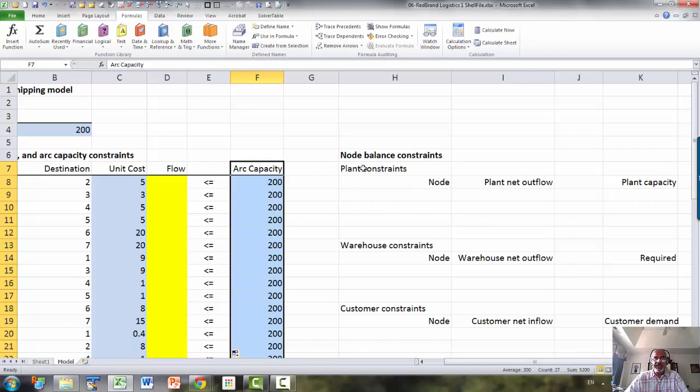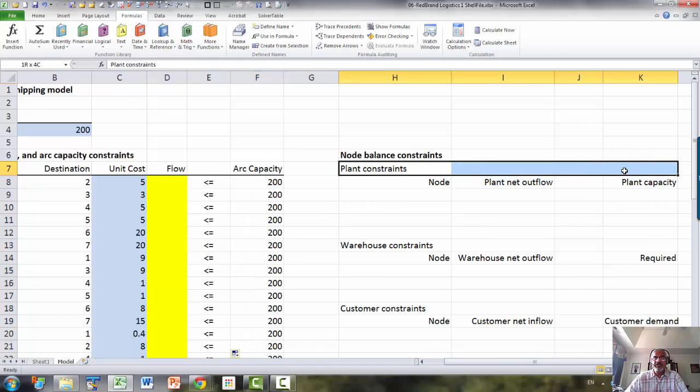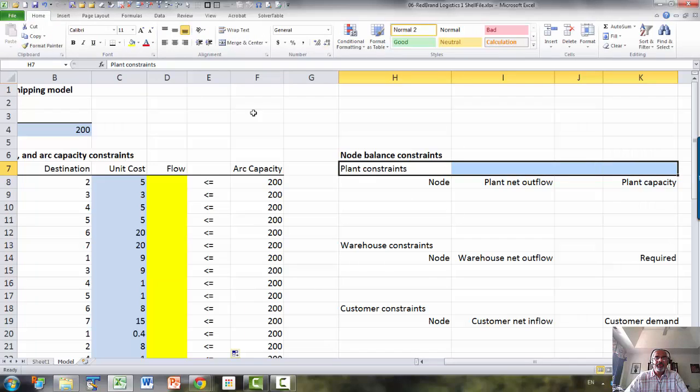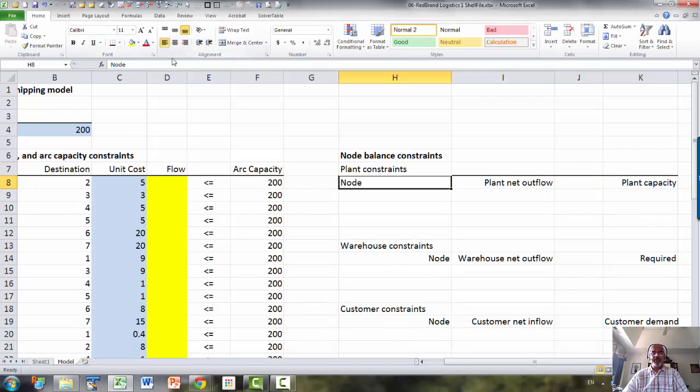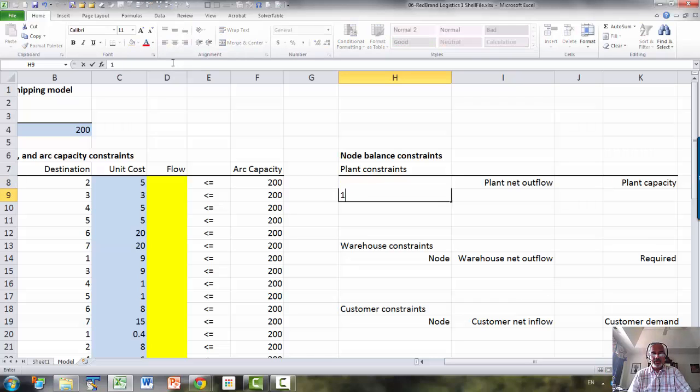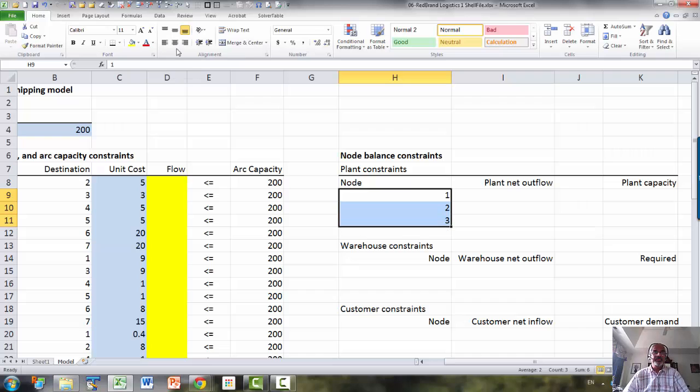Okay, now we need to set up the node balancing constraints. Unlike the transportation problem, where transportation took place only in one direction, here transportations can come in and they can go out as well.